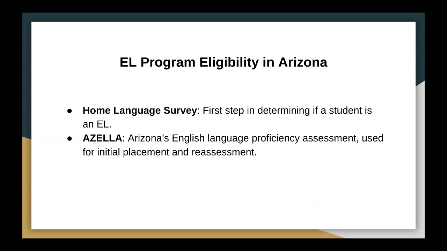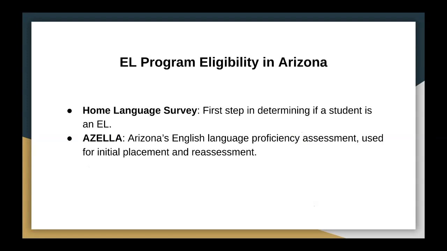Moving on, English learner program eligibility in Arizona. The process for determining if a student qualifies for English learner services begins with the home language survey, which helps identify whether a language other than English is spoken at home.